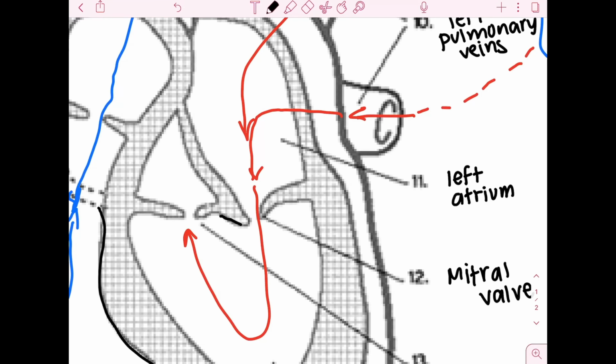So remember what I said, if this valve closes, it's going to seal off the blood flow, making sure that the blood cannot flow backwards into the previous chamber of the heart, which would be actually pretty bad for you because you don't want that to happen. You want the blood to keep flowing in one direction.